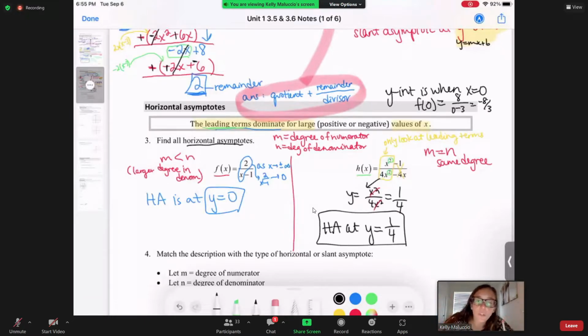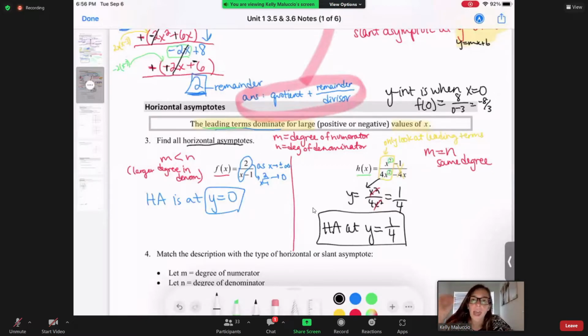So the cool thing, there's kind of 3 rules, right? When m is bigger than n, you're usually going to have a slant. You do the polynomial long division and you see what's going on. When m is less than n, it's just HA at y equals 0, just like this second one.